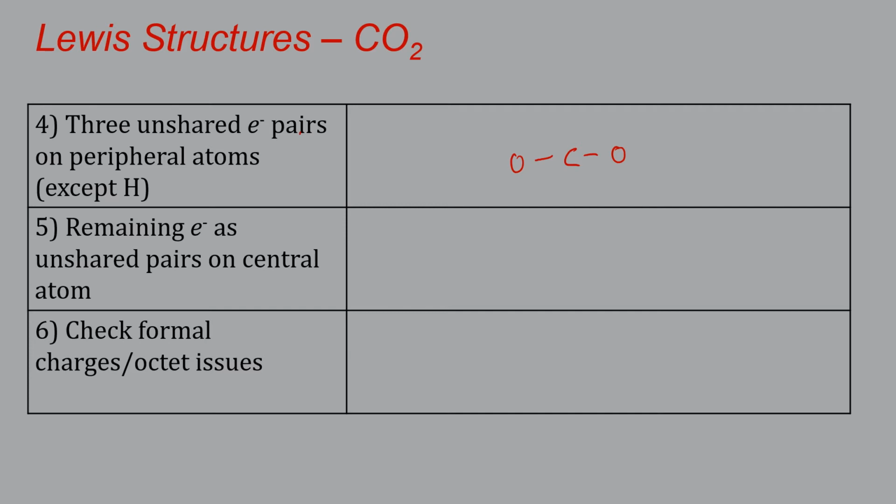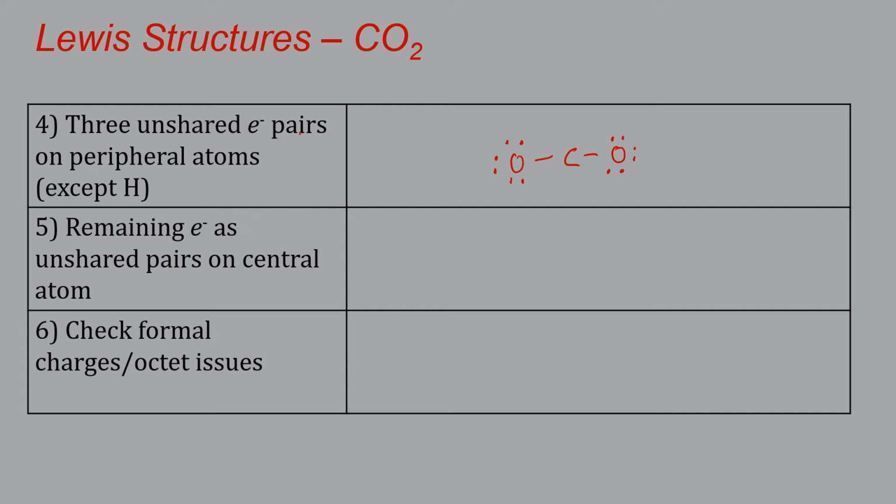Hydrogen only can form a single bond, and that's it. So I'm just going to start putting unshared pairs around the oxygen atoms. So I've got 4 electrons already. That's 5, 6, 7, 8, 9, 10, 11, 12, 13, 14, 15, and 16. And that's all of them.